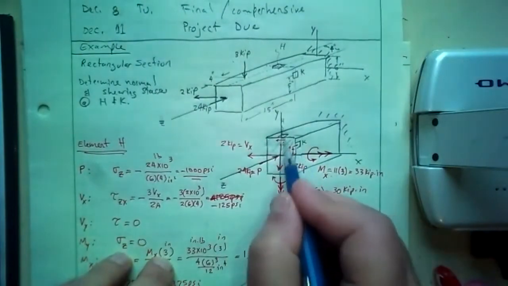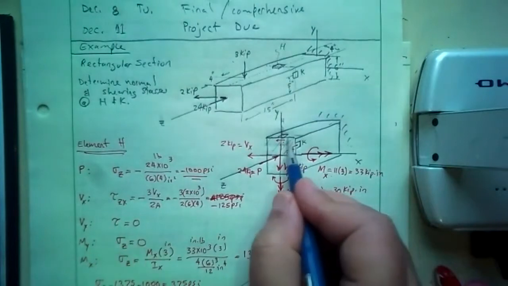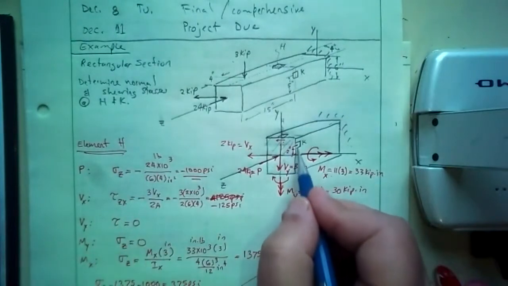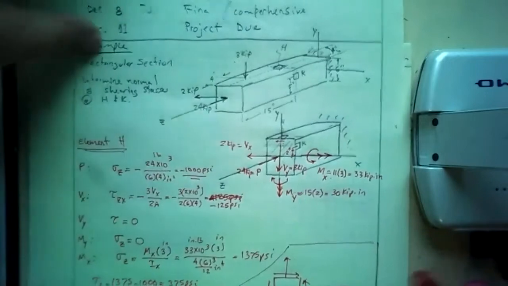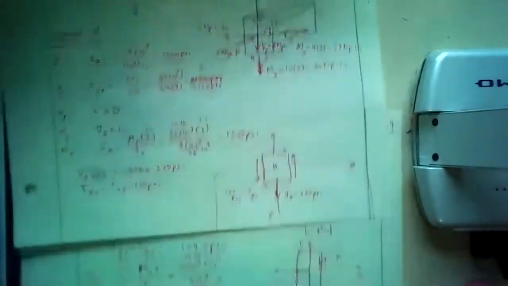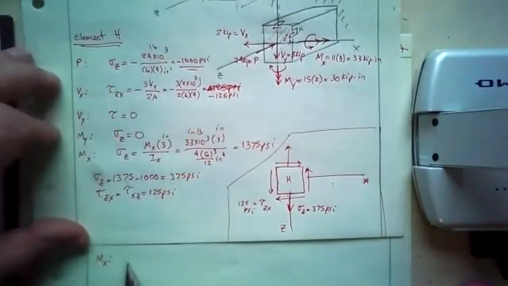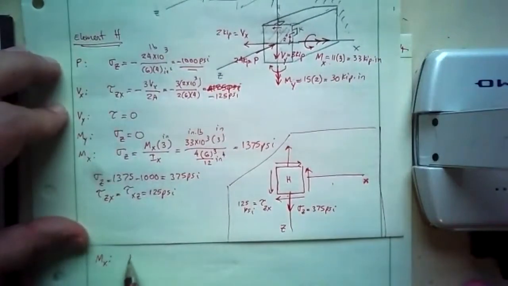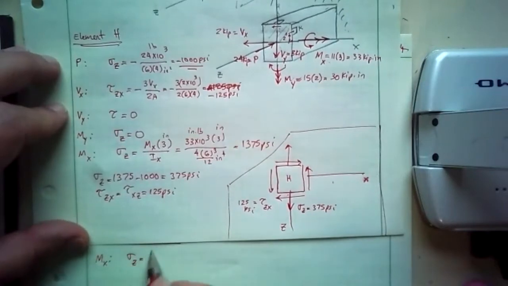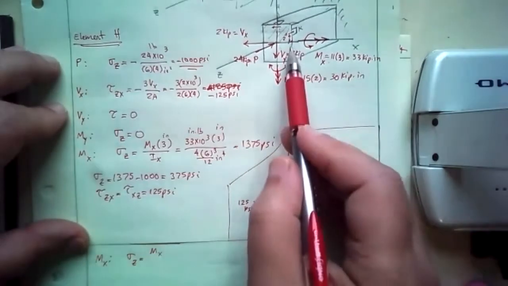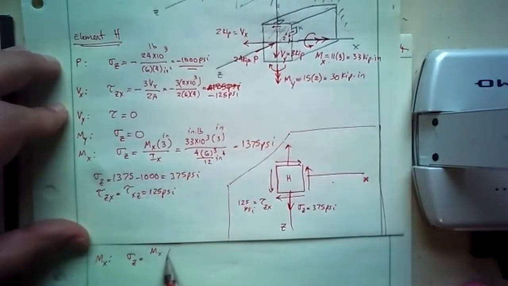Well, K is above there, but it's not all the way to the top surface, it's some 2 inches to the top. So Mx will cause normal stress in the z direction along the length. It is Mx, the distance y, divided by Ix, and it's in tension, so I leave it positive.